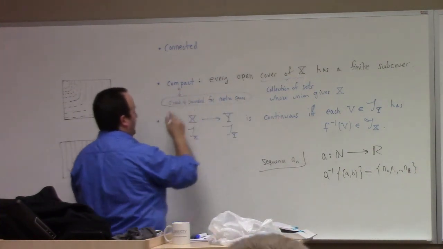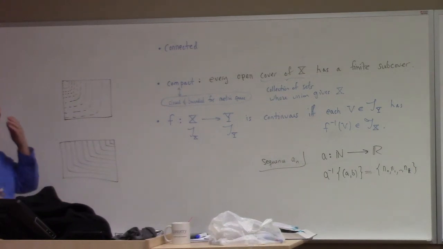And maybe more than that, but for example, if you want to see if something's compact, if I've got something that's got a fuzzy edge, it's not going to be compact in, like, the plane.